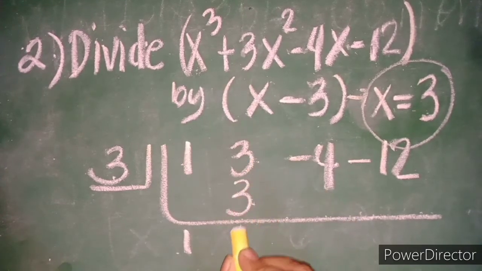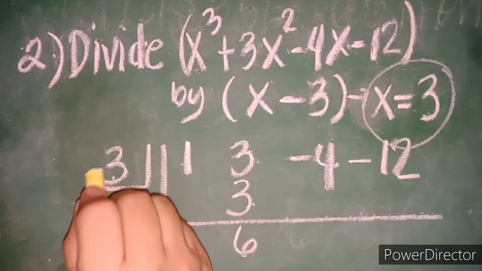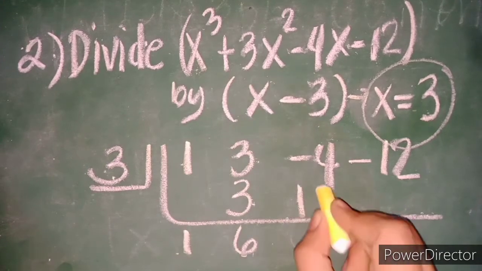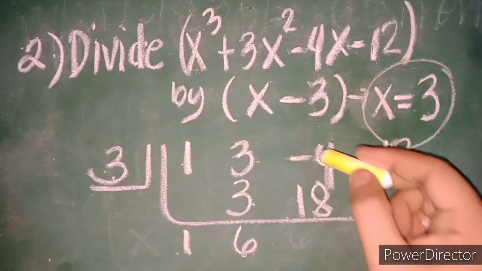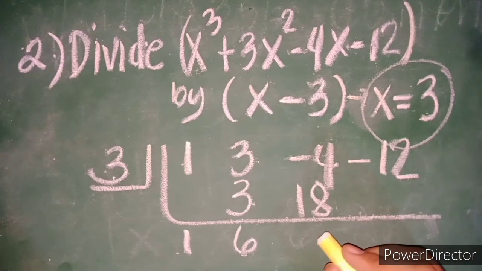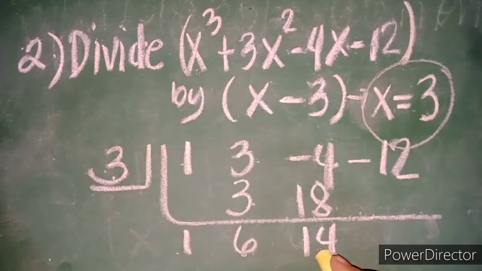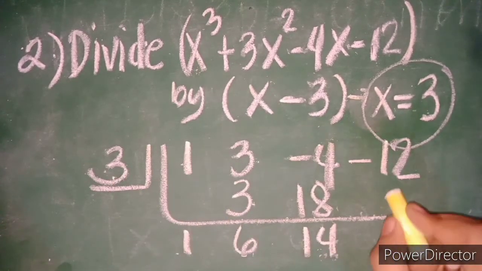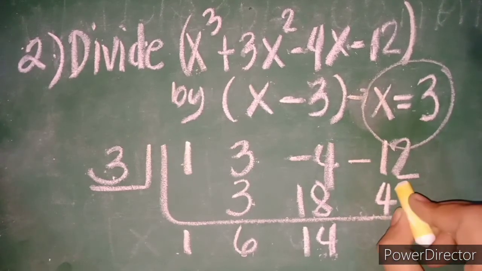Then 3 plus 3 equals 6. And then we multiply 3 times 6 equals 18. And then negative 4 plus 18 is positive 14. Okay, and then 3 times 14, the answer is 42.